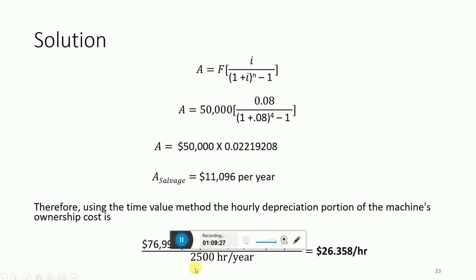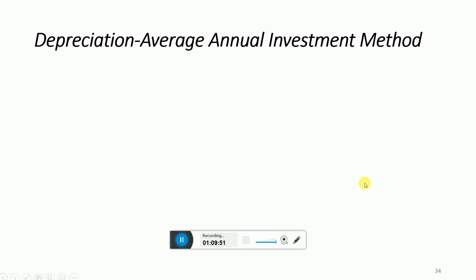That's the same case, and we can get $26.358 per hour. So this is the per hour operating cost which we have got through this time value method of depreciation.